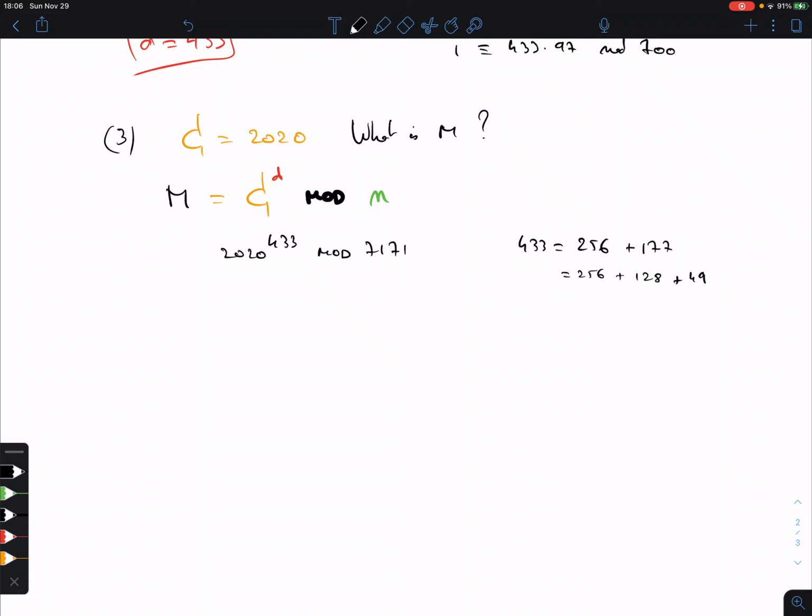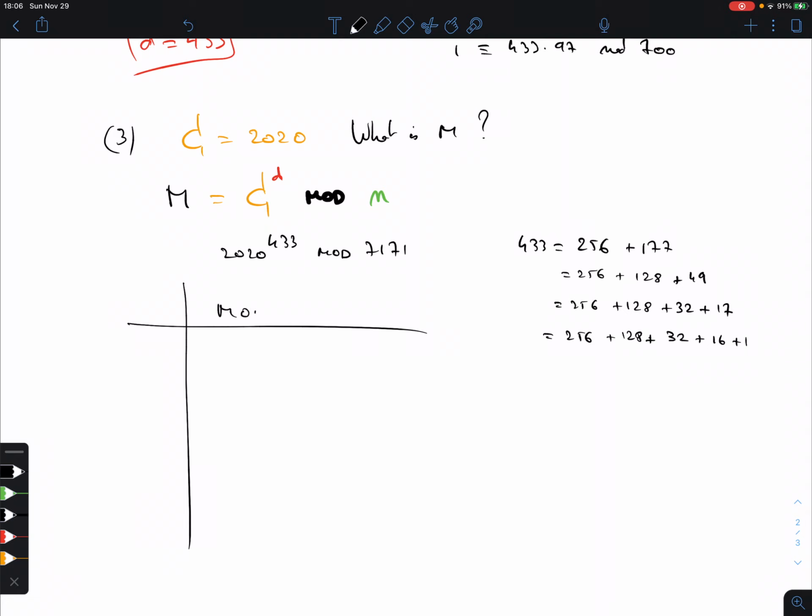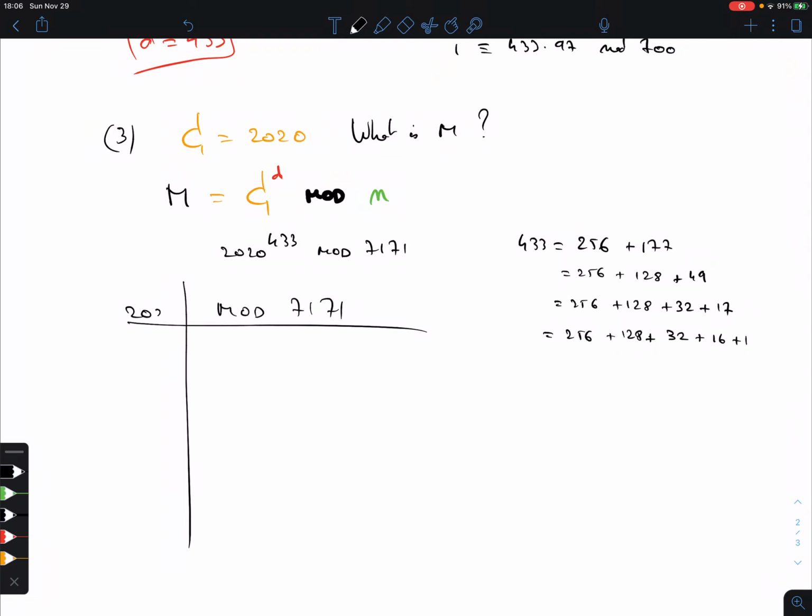So I have 256 plus 128 plus 32 plus 17, and that one is 256 plus 128 plus 32 plus 16 plus 1. So these are the powers I need. And all right, here we go again. So this will be again mod 7171. Here we're going to take the powers of 2020. So 2020 to the power 1.